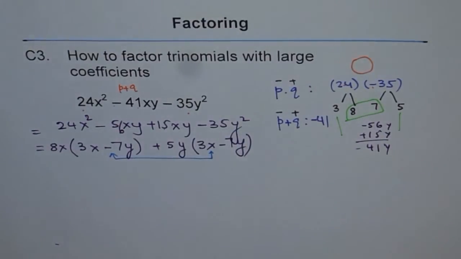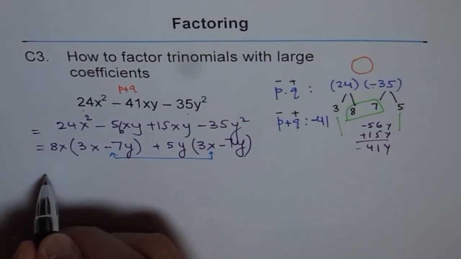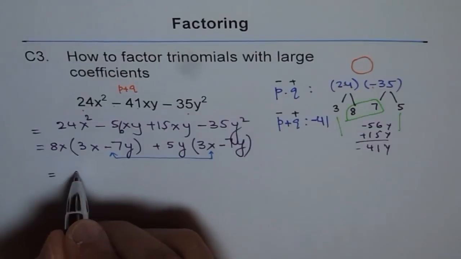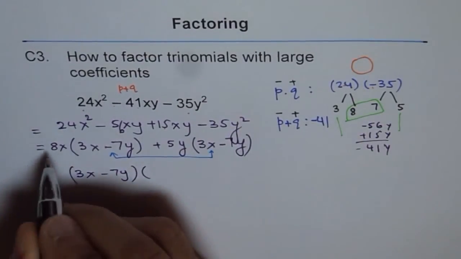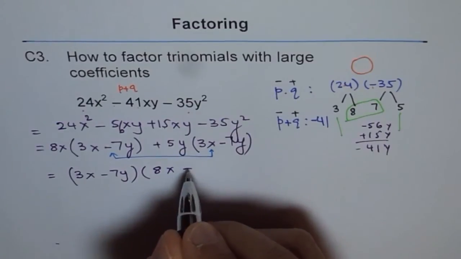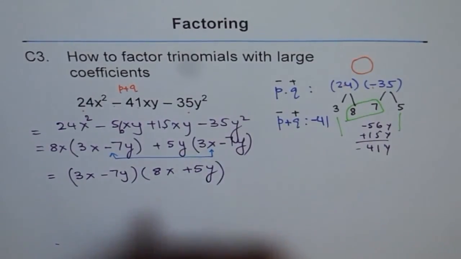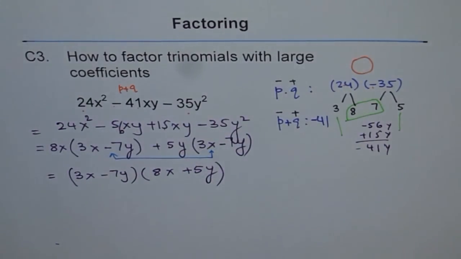This is an extremely good example which helps you deal with big numbers. I'd like you to watch this video again so that you understand how we dealt with these big numbers to solve our problem. Now 3x minus 7y is common, and we are left with 8x plus 5y, and that seems to be our answer for this particular trinomial, right?